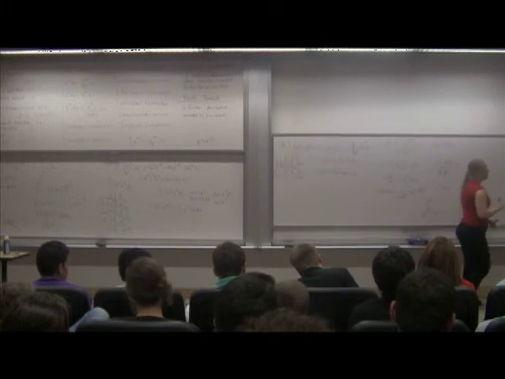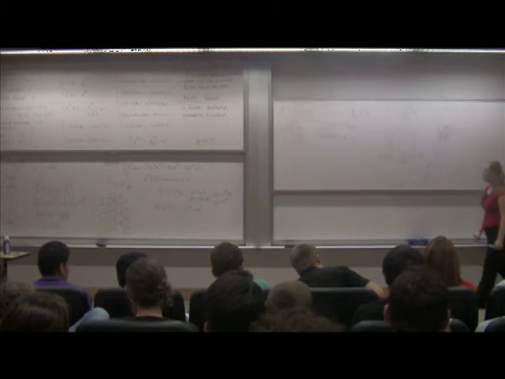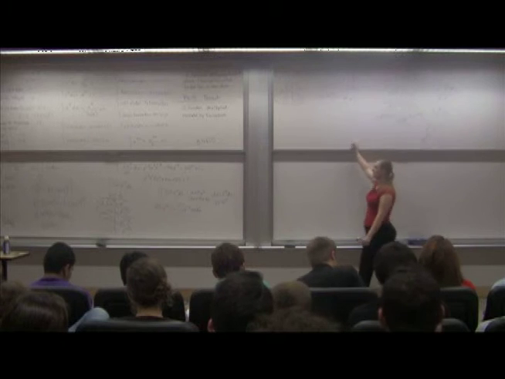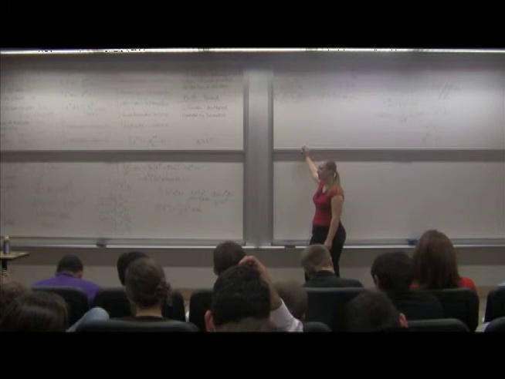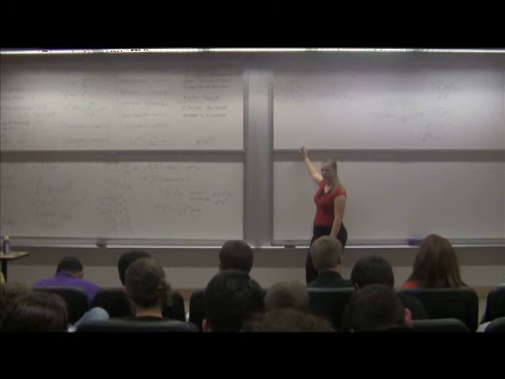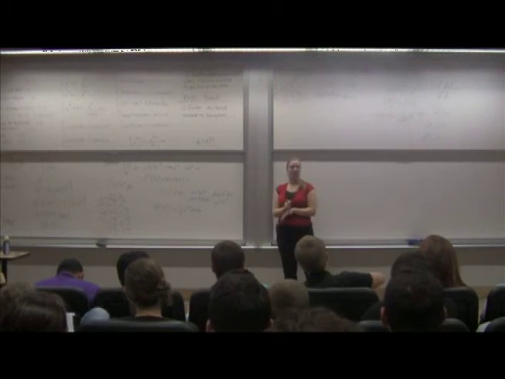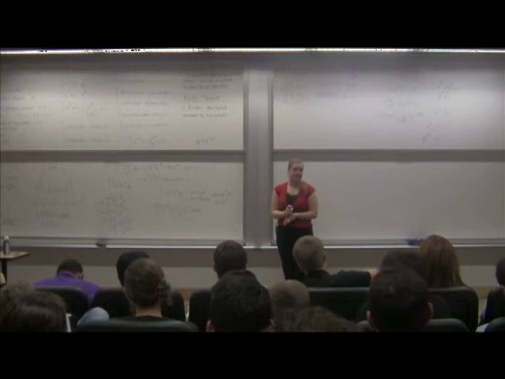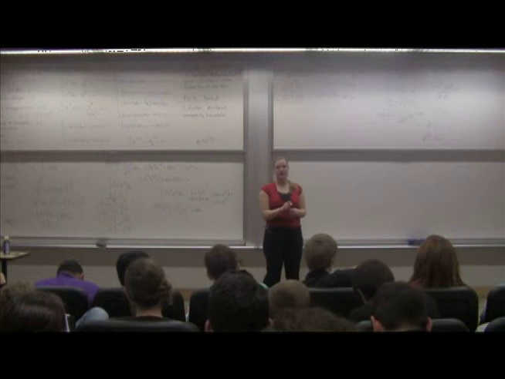Okay. This one, I'm going to need more room for. This is my last one for just strictly u sub and parts. I'm not even going to do it. I'm just going to show you how come you can use either way.